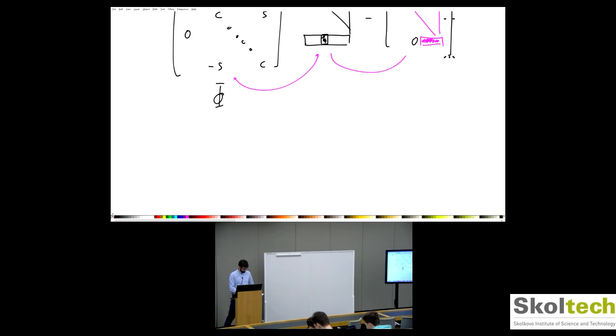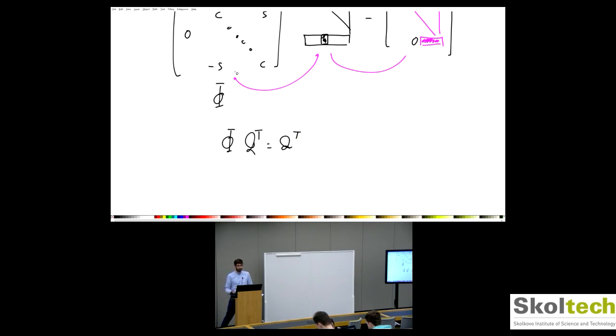Then what happens with the new orthonormal matrix, this matrix of, let's say, rotations for A, is that we have multiplied this by this matrix. Right, and then basically what we have is a new orthonormal matrix. The Givens rotations are not adding anything.